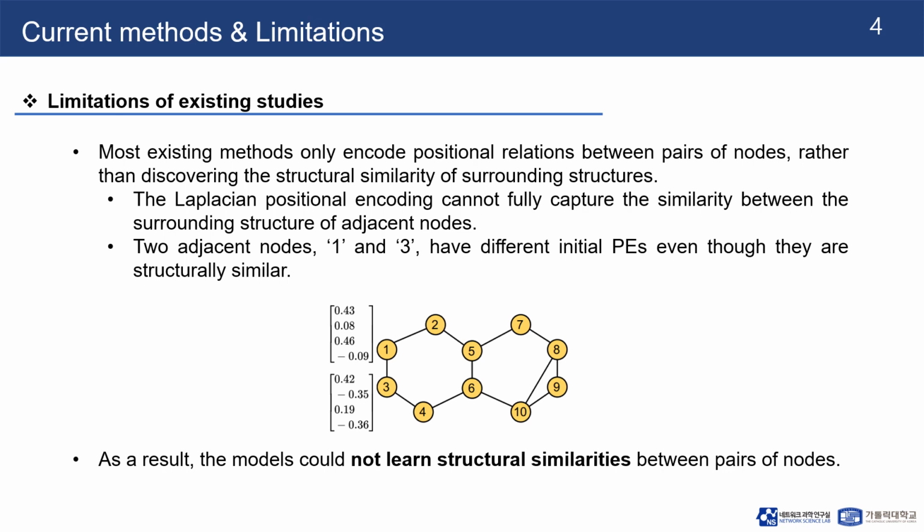For example, node 1 and node 3 have different initial positional encodings even though they are quite structurally similar. As a result, the models could not learn structural similarities between pairs of nodes.